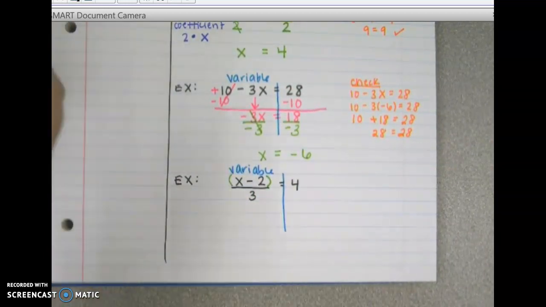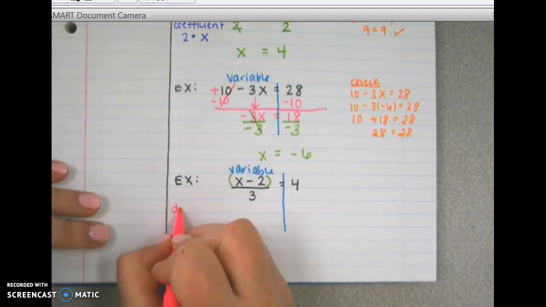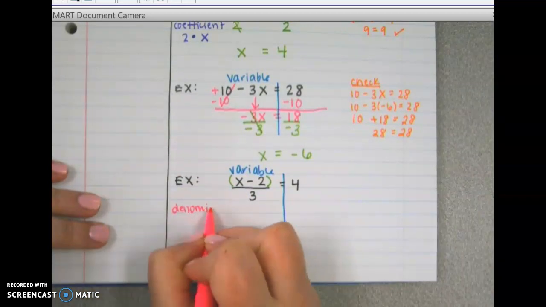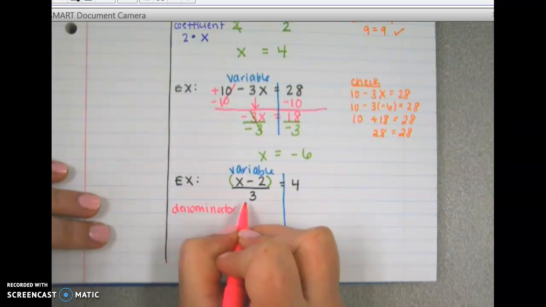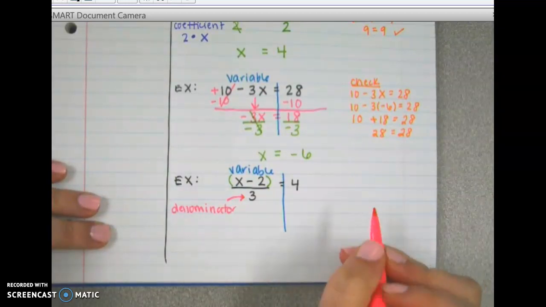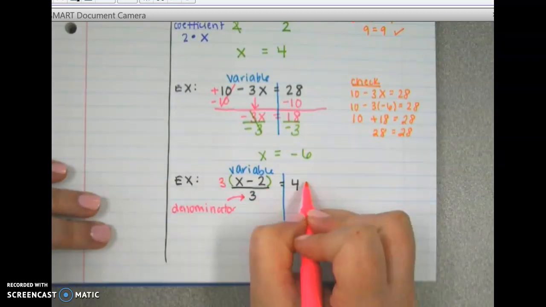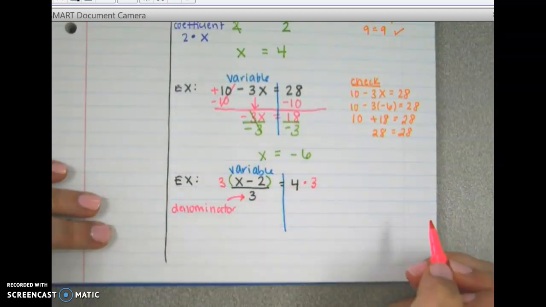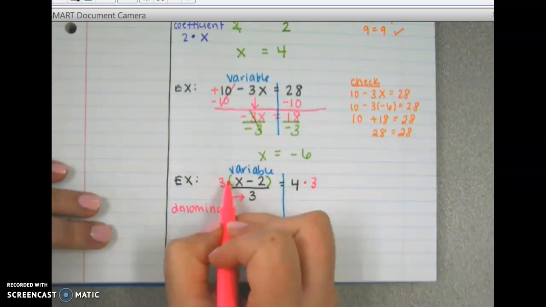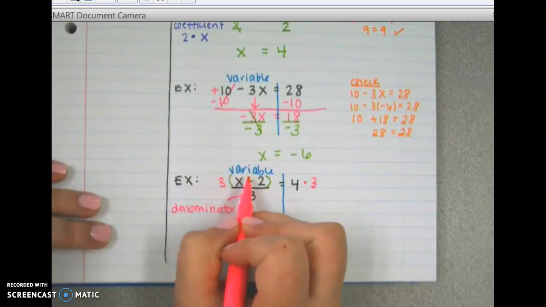If you remember the words numerator and denominator, this 3 is called the denominator. And so to get rid of this fraction, you multiply both sides by the denominator. Now, a common misconception is that you're supposed to distribute this 3, and that's not true.